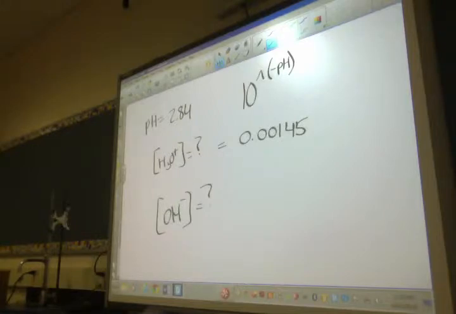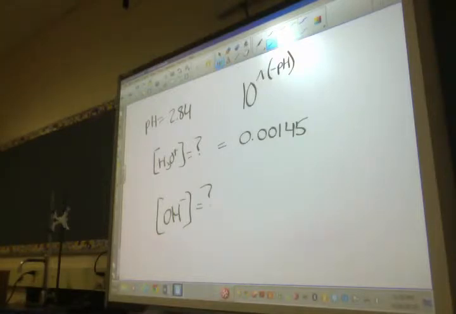Only if pH is 7 is pOH also 7, or only when it's 7 are the concentrations equal. What if it's 16? I got something. That is pOH, but that's not the concentration. I subtracted 10. Oh, it's 14. There are two ways of going about this.